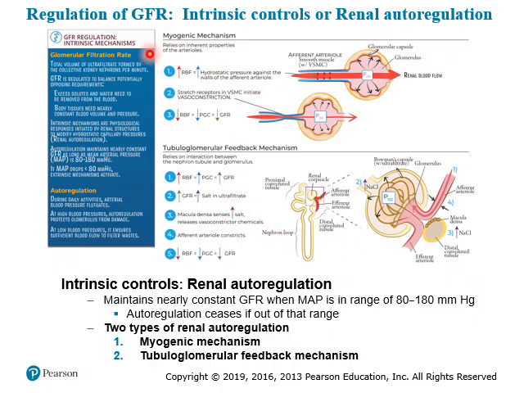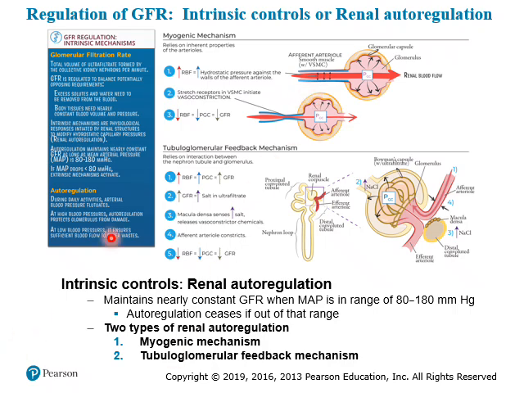The myogenic mechanism relies on the inherent properties of the arterioles, and the tubuloglomerular feedback mechanism relies on the interaction between the nephron tubule and the glomerulus itself.